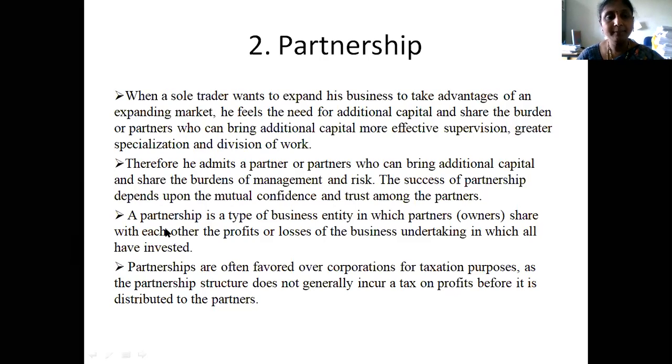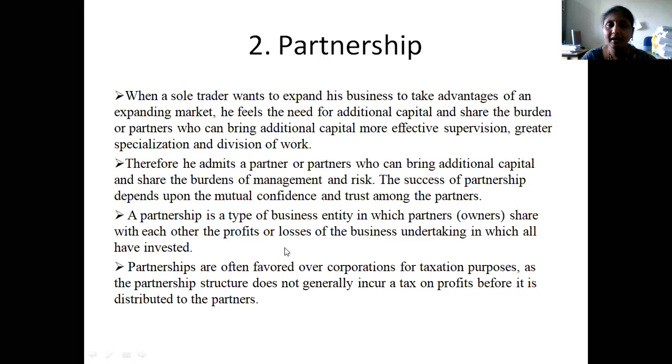So now I am giving the definition of a partnership. It is a type of business entity in which partners share with each other the profits or losses of the business. So partnership business can be defined like this. It is also one type of business. So who are there in this business? The partners are nothing but the owners of the business. What are they doing? They are sharing with each other profits or losses of the business undertaking in which they have invested.